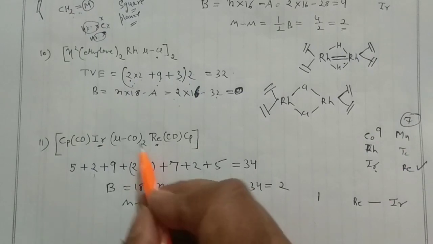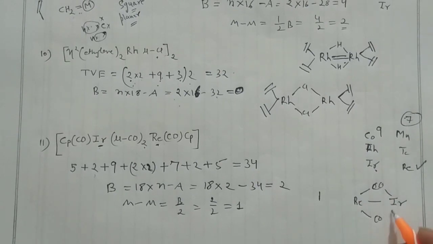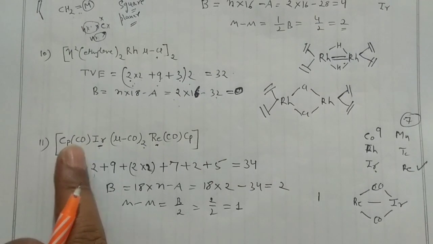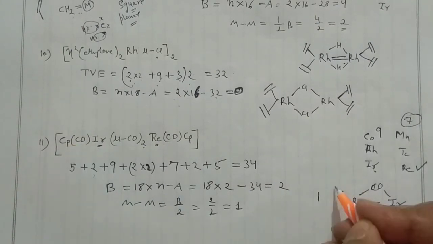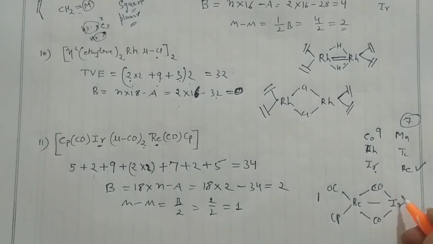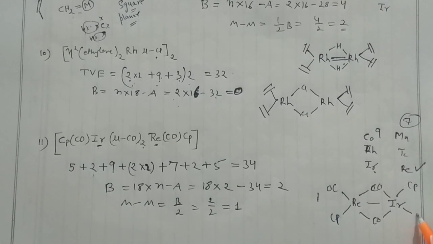And 2 CO are bridging ligands, so one CO you can write in that manner and another CO you can write in that manner. Okay, and then you are left with your Cp and CO, so you can write CO here and Cp here, and then you can write your Cp here and CO here. This is how you can write. So you can put both the Cp in one direction and both the CO in another direction, doesn't matter.